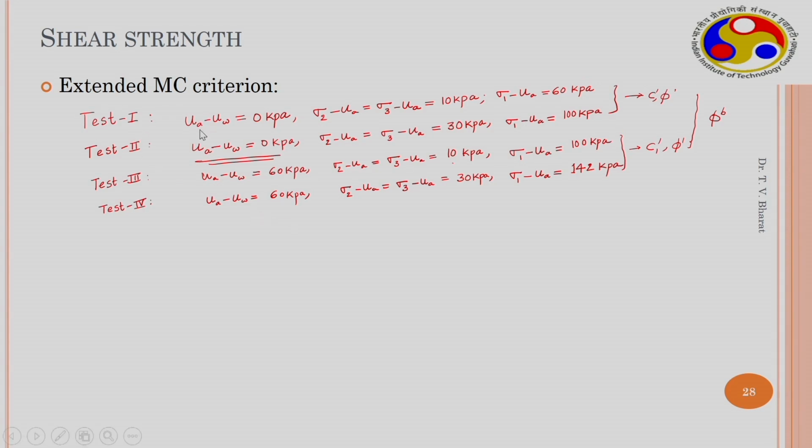This can also be represented in matrix form. The test 1 results can be represented as sigma 1 minus UA, sigma 2 minus UA, sigma 3 minus UA, with the suction 0, equal to 60, 10, 10.